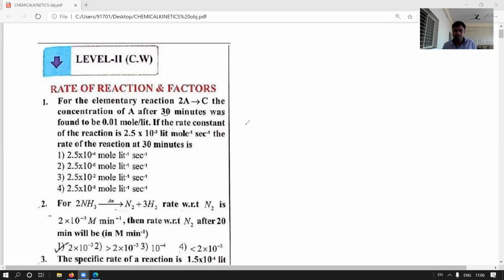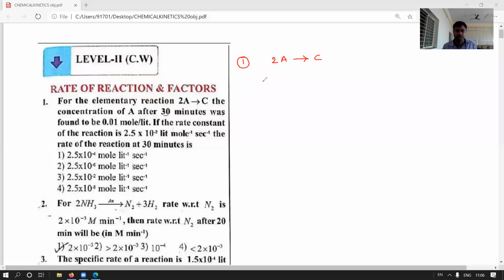First one, listen to the first question. See what they gave in the first question. They gave an elementary reaction, 2A is converted into C. Okay, this is the elementary reaction.